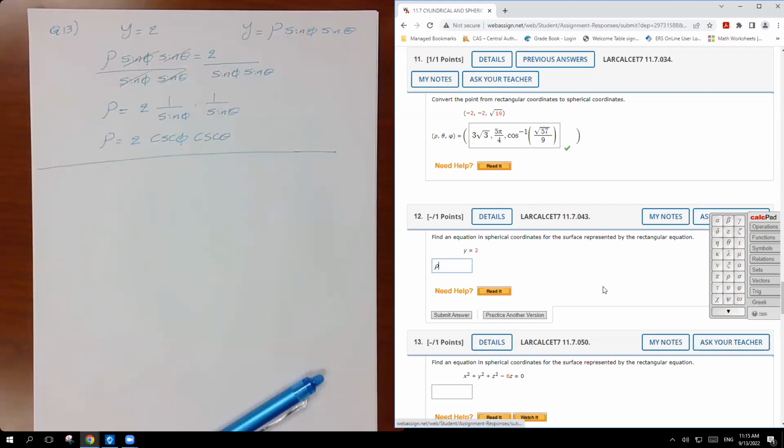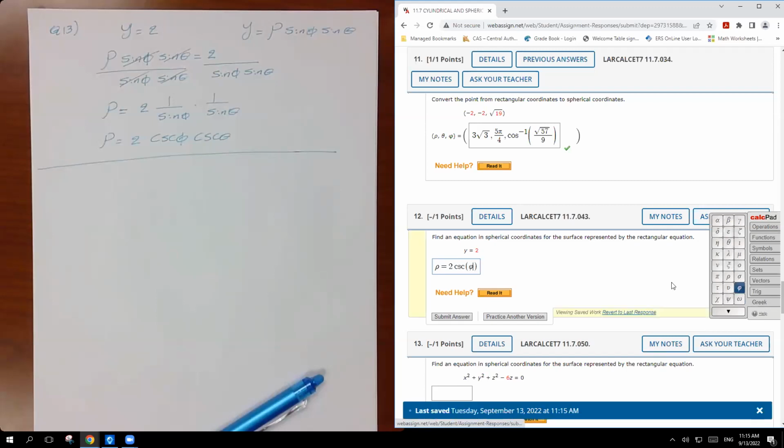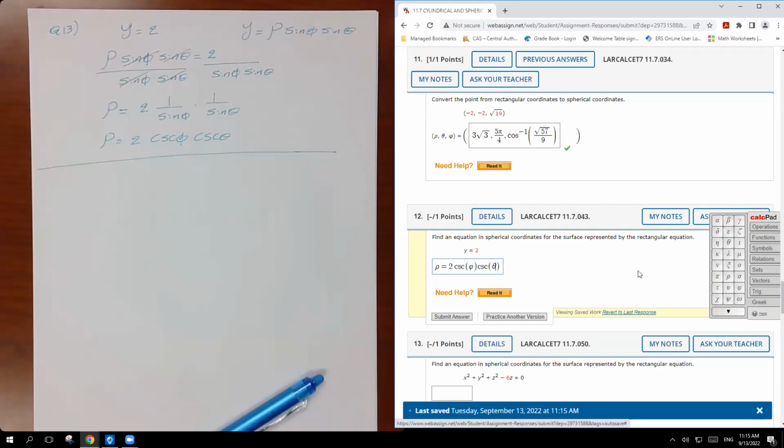This one here equals 2 cosecant, go to the Greek symbol, this one, phi, and cosecant again, theta. I'm going to go to the Greek symbols, and where's theta? Here's theta, and that's it.